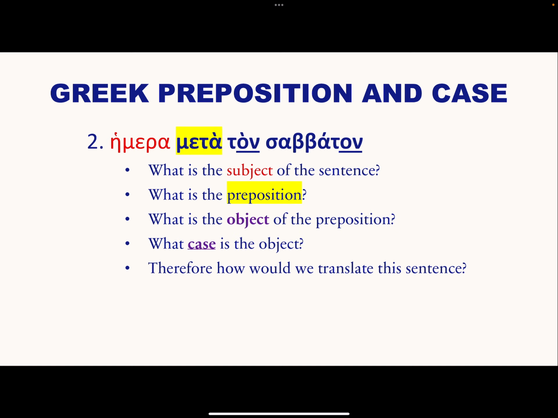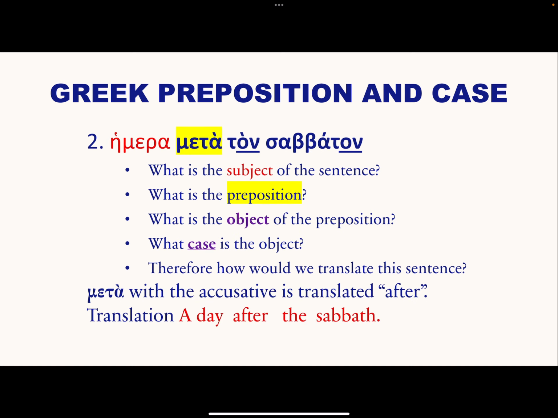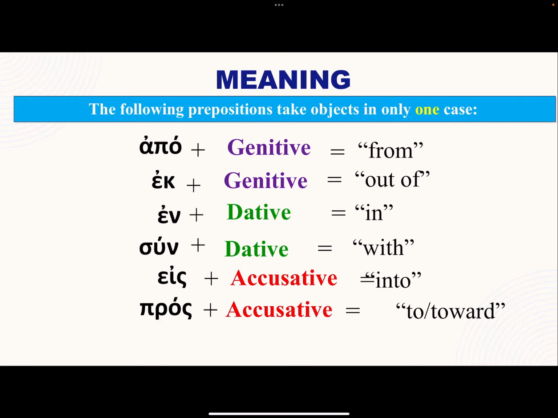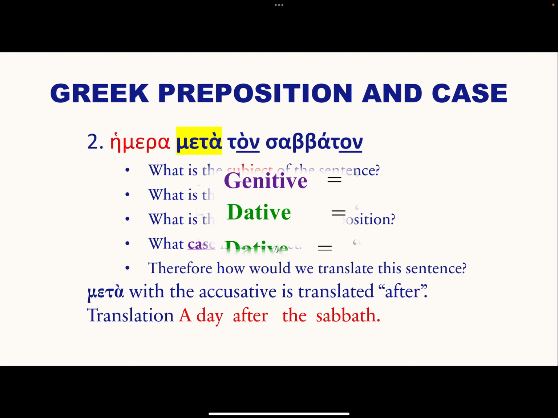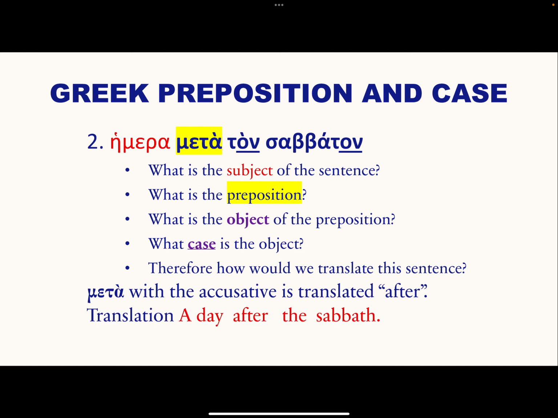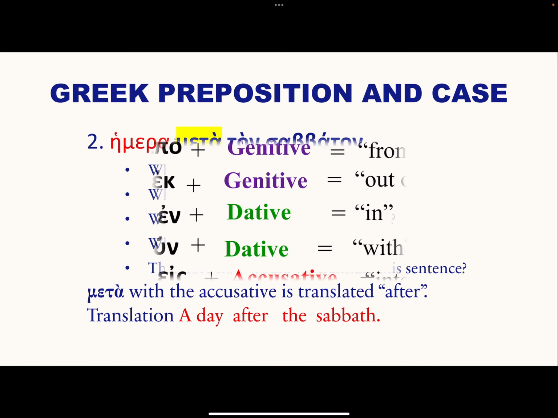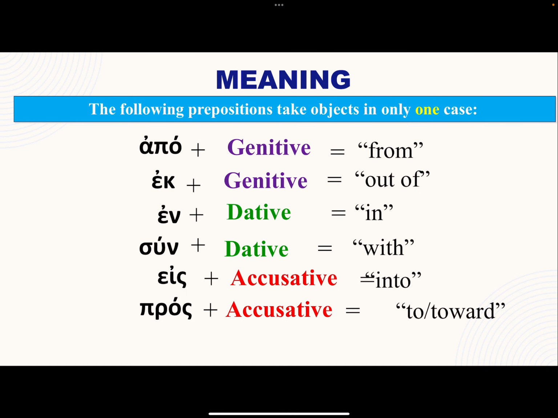And so we've got the same preposition, but because it's followed by the accusative case, all of a sudden the word meta changes its meaning. When it's followed by the accusative, the word meta means after. So our translation would be a day after the Sabbath.